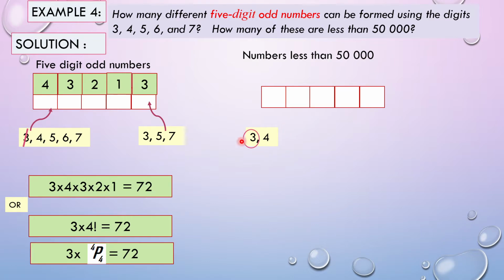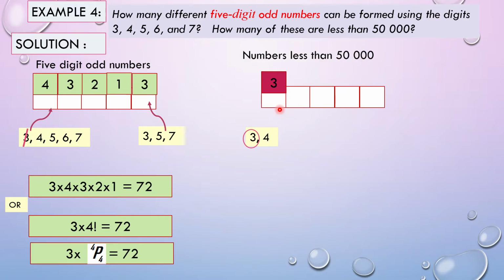Now, in order to obtain a number less than 50,000, it depends on the first box. Here, for the first box, we have only 2 options, 3 and 4, so that we get a number less than 50,000.